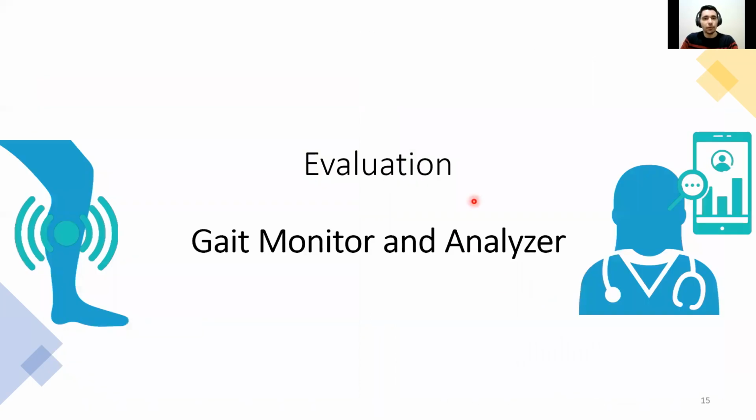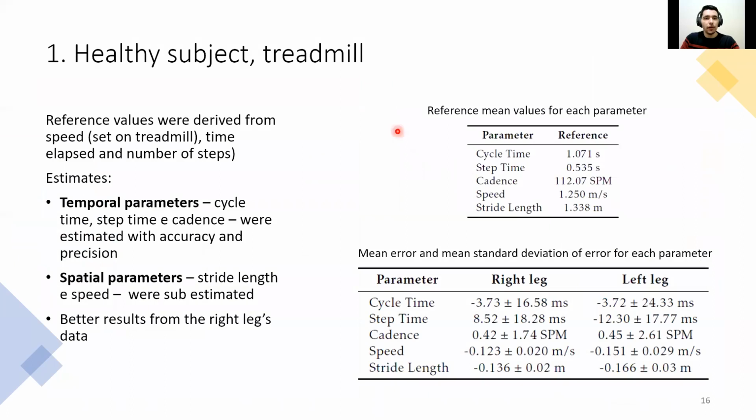We performed an evaluation of the system. Point 1 was with a healthy subject walking on a treadmill. Reference values were derived from speed, which was set on the treadmill, time elapsed, and the number of steps. And those values are here. And the estimates for temporal parameters, meaning cycle time, step time, and cadence.